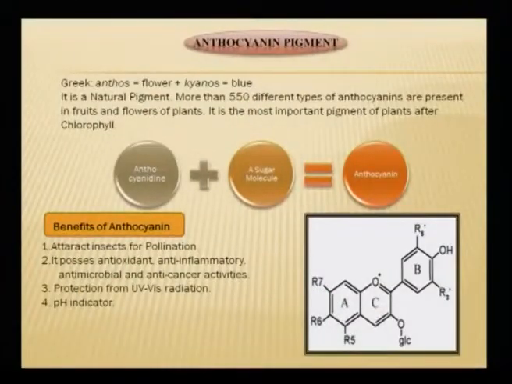They attract insects for pollination, they possess antioxidant, anti-inflammatory, antimicrobial and anti-cancer activities, and protection from UV-vis radiation, and it has also been used as a pH indicator for the first time in our laboratory. So, you see that it has a lot of features that need attention to describe.